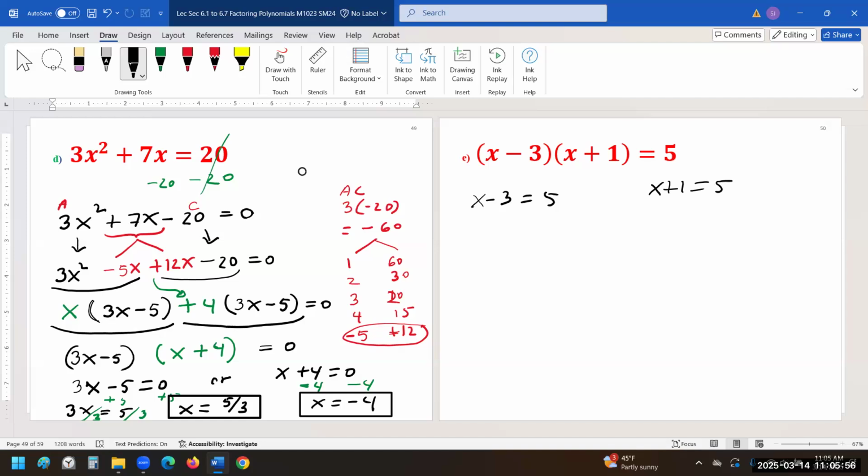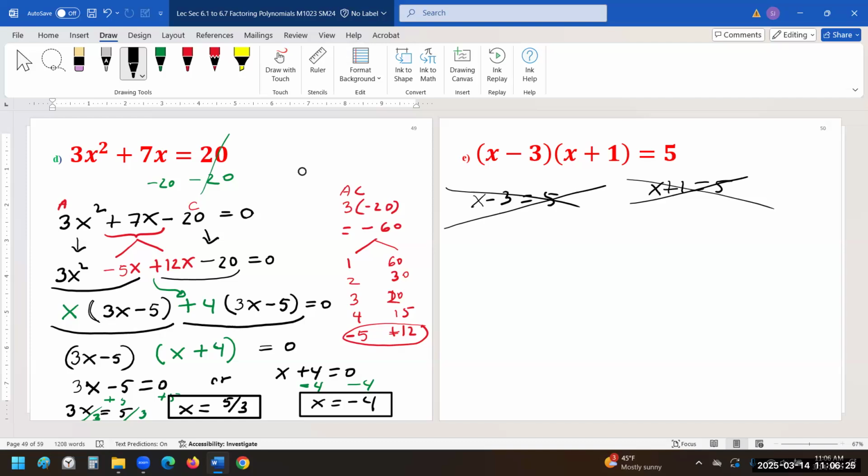We can only say either one of them is 0 only if you have a 0 on the other side, because the product of two numbers will be 0 only if one of them is 0. But here it says product of them is 5. It doesn't mean one of them is 5. So this is definitely not acceptable. We cannot split our factors if the other side is not 0.